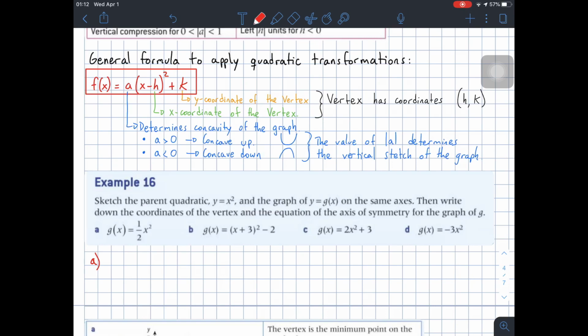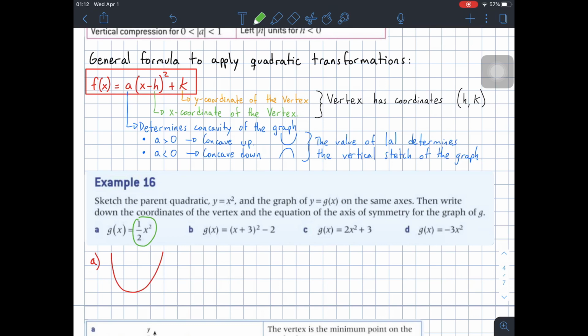So the parabola should be, imagine this is the original function, the parent function. This new function, which I'm going to graph using green, should have the same vertex because there was no translation of the graph, but there should be a vertical stretch.